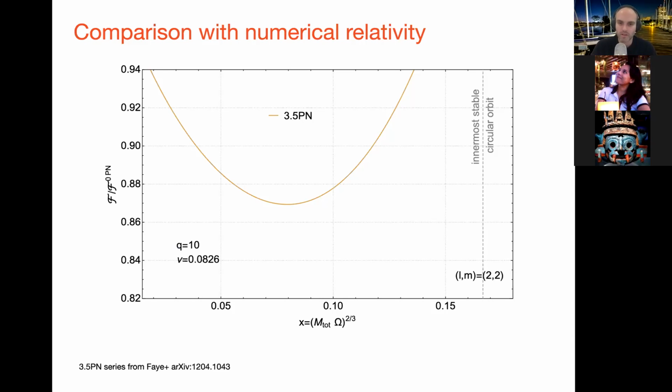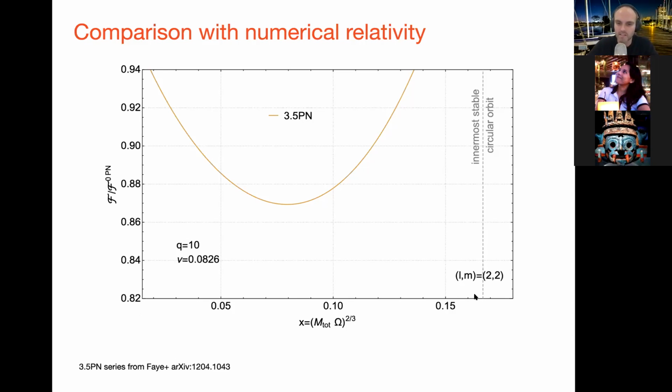Okay, so here I'm going to plot those results for the various different approximations and see how well they compare with what you consider the correct result, which is the case modulo numerical noise from numerical relativity. So here I'm plotting on the right this f hat, the flux divided by the 0 PN term, the leading quadrupole piece.